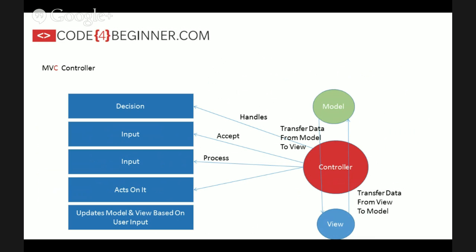And one of the core functionalities of controller is to transfer data from model to the view and from view to the model. Again, I told you about the rule that the data can be transferred from model to view and from view to model only through the controller. It cannot directly transfer data from view to the model or from model to the view.